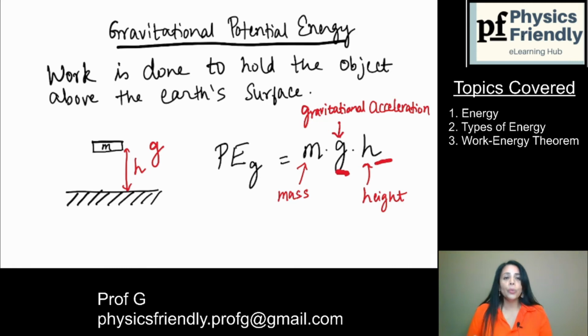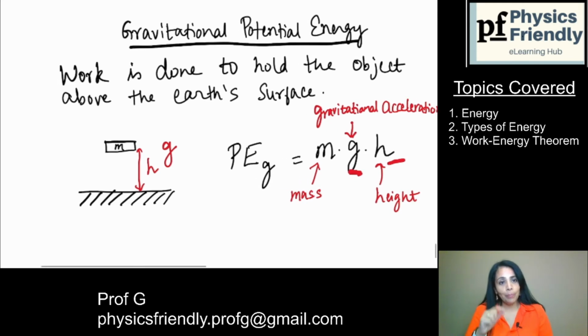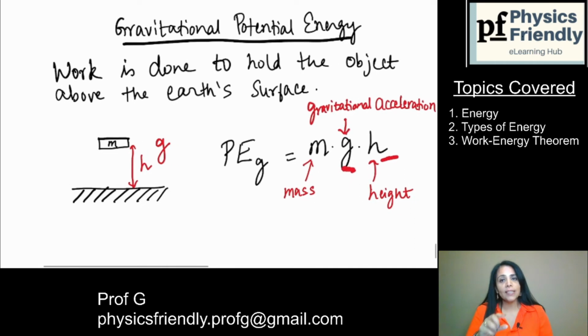So we take the product of the mass of the object times gravitational acceleration times the height at which the object is held from the earth's surface, and that is called gravitational potential energy, with a subscript g.